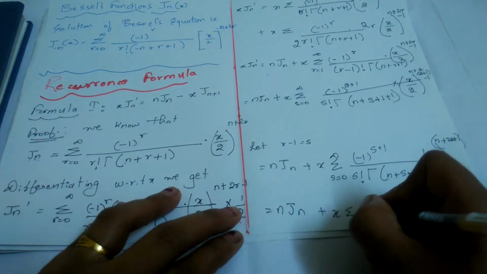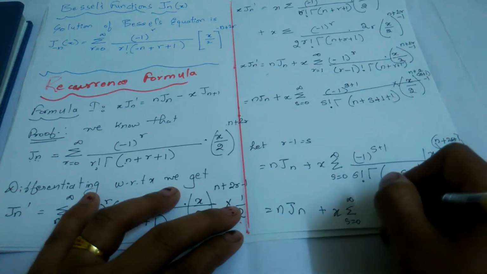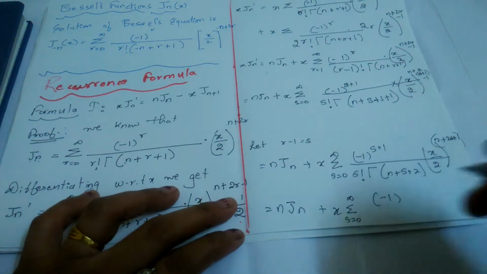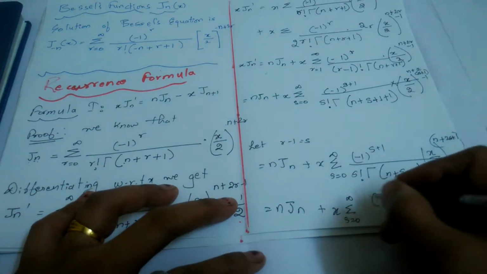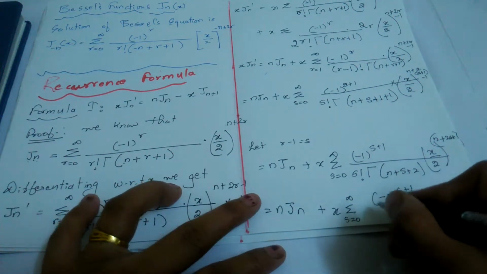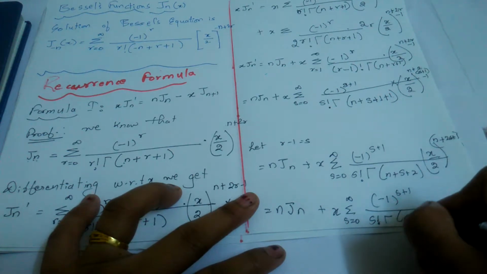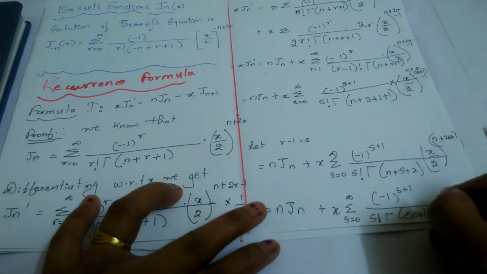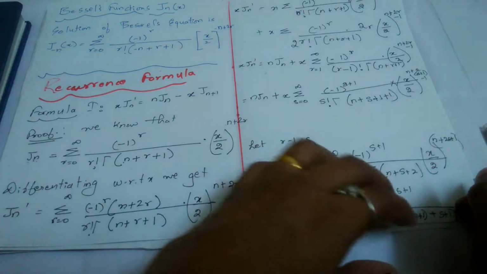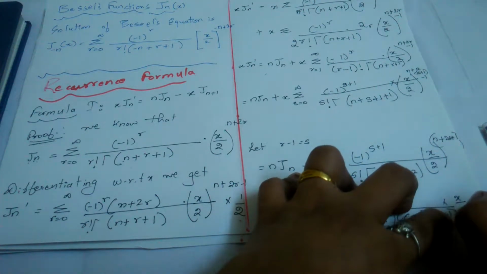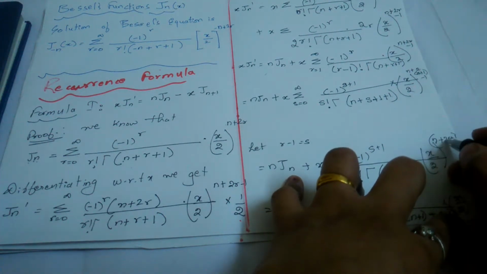Plus x summation of s equals 0 to infinity, minus 1 raised to s plus 1 divided by s factorial, and here in this part n plus 1 separate term plus s plus 1 separate term into x divided by 2, and that is equal to n plus 1.